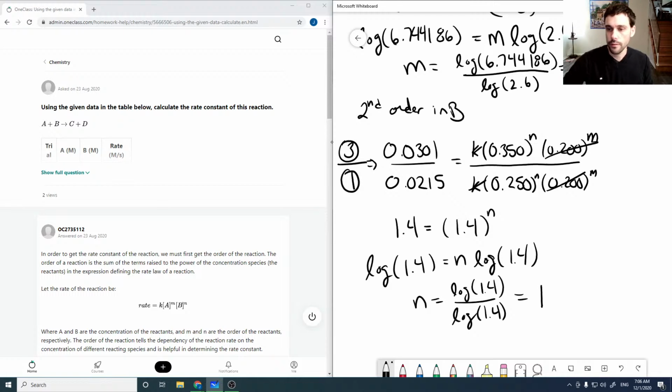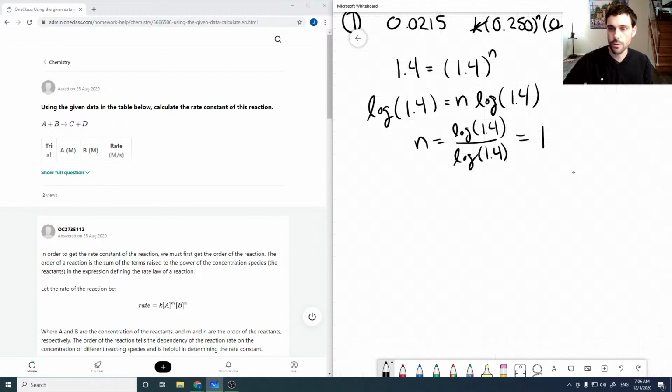So now we have both n and m. It's first order in A. So our rate law is k concentration of A to the 1, concentration of B to the 2. Now to solve for our K, we can just use any of our rates. And to get proper units on the K, I'm just going to put our units back in.